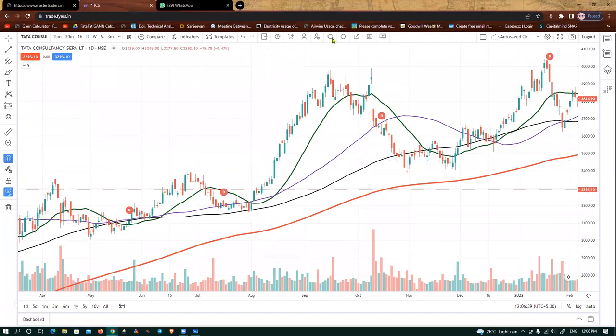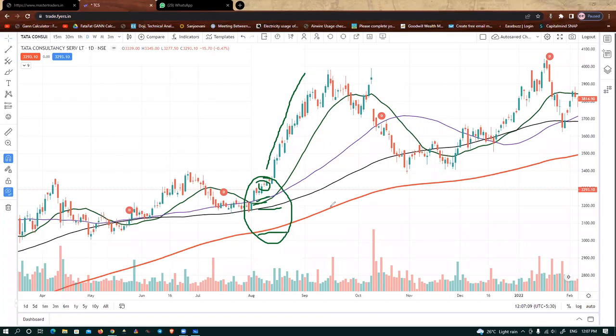Now you can see price is here, above 200, above 100, above 20 days, above 50 days. It means very strong. That is the reason for this much movement.